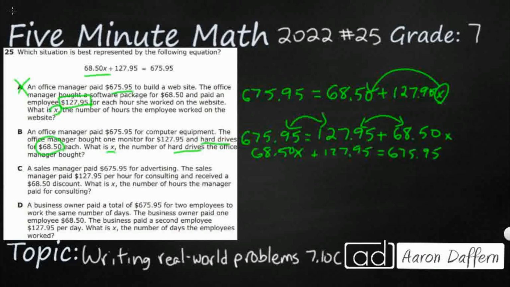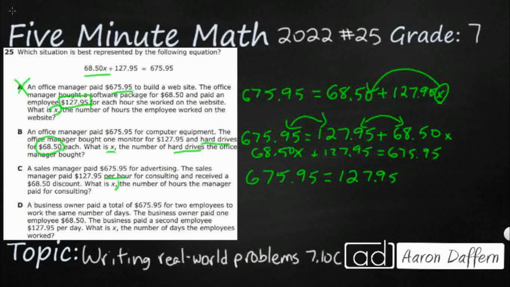Let's check C. Sales manager is going to pay $675.95 for advertising. Sales manager paid $127.95 per hour for consulting and received a $68.50 discount. Okay, well, I can already tell you it's going to be a problem because we got the $127.95 per hour, right?